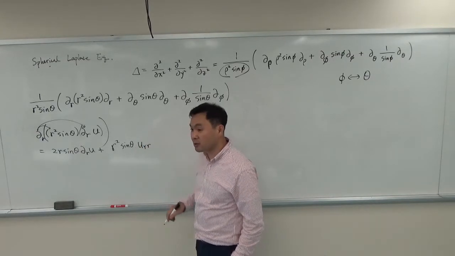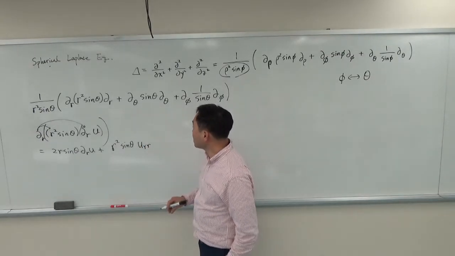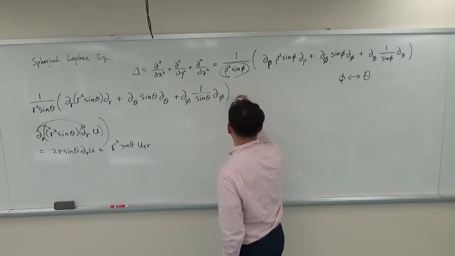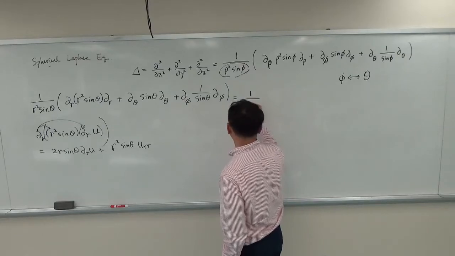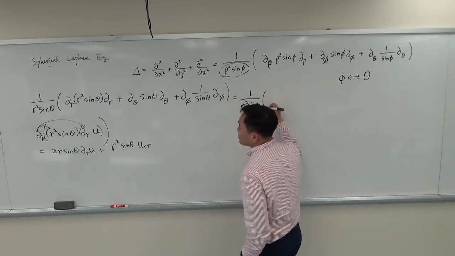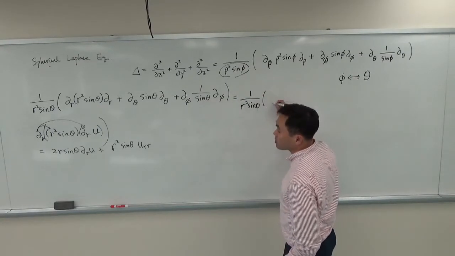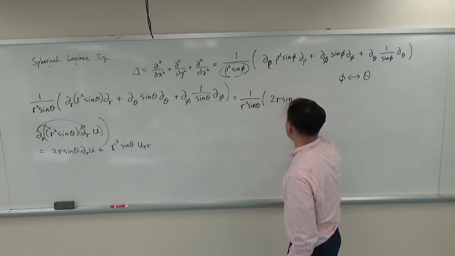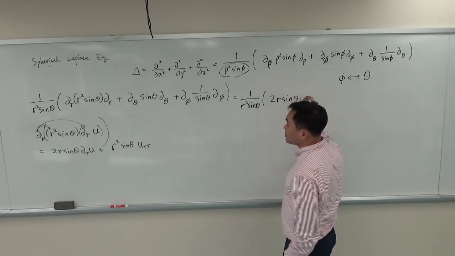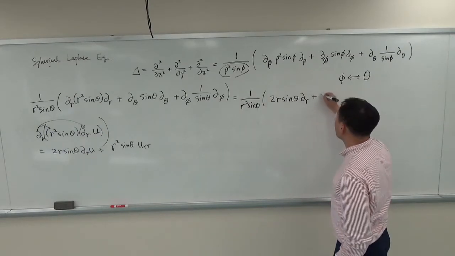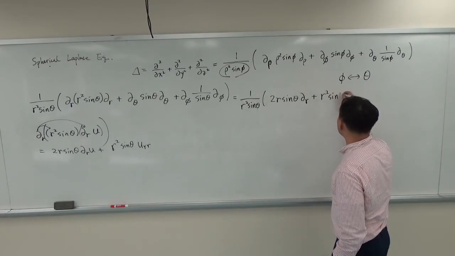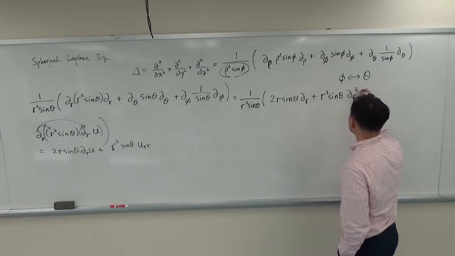Okay. So because of that, this should be written as 1 over r squared sine theta times 2r sine theta, derivative in r, plus r squared sine theta, 2 derivatives in r.